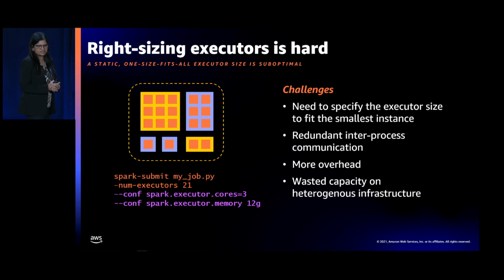Customers tend to use a diverse set of EC2 instances with Amazon EMR, because Amazon EMR supports that, and we even encourage customers to run a diverse set of instances from different families. It's always hard to right-size the executors because the executor size that you've chosen should fit the smallest denominator, or the smallest instance that you have in the pool.